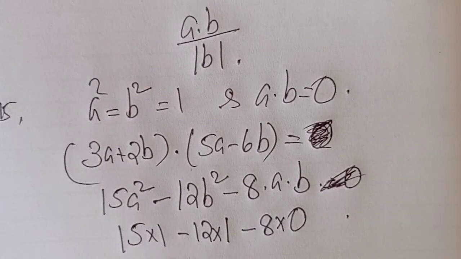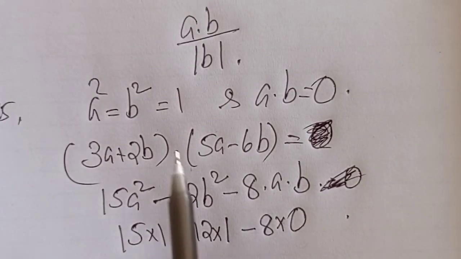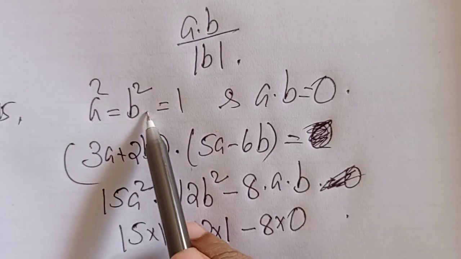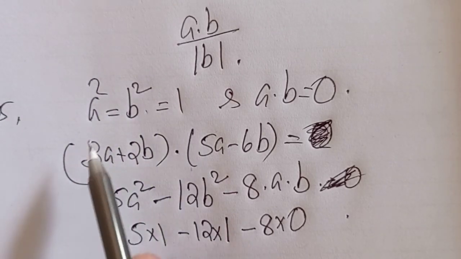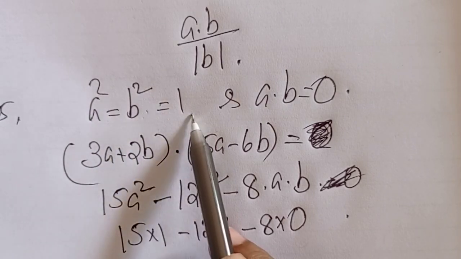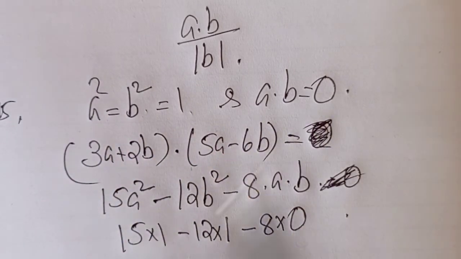Here A and B are unit vectors means modulus of A equal to 1 and modulus of B equal to 1, isn't it? Or A square equal to B square equal to 1 and A dot B equal to 0.